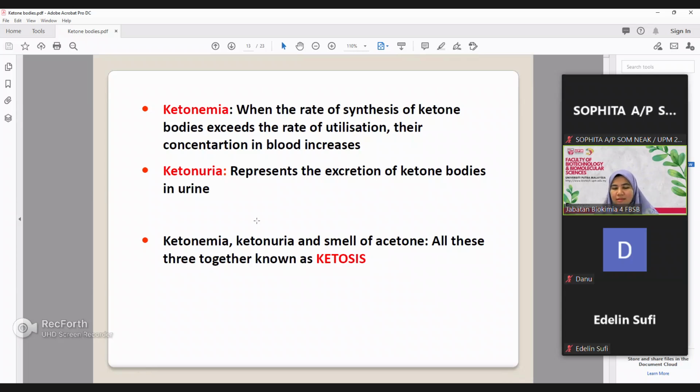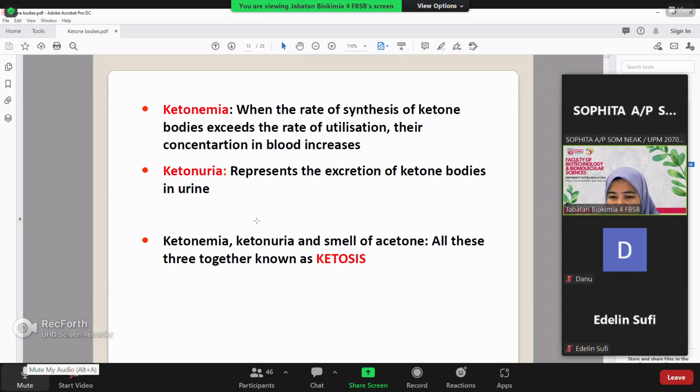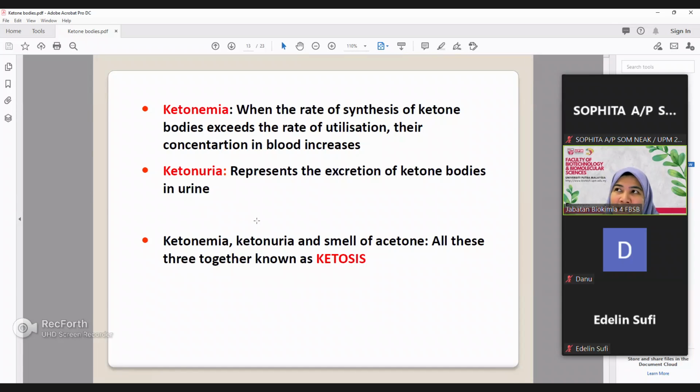How about pregnant women, for example? Some pregnant women get through their pregnancy journey of 9 months, 40 weeks. Some of them will suddenly get gestational diabetes mellitus. Do you know what gestational diabetes mellitus is?